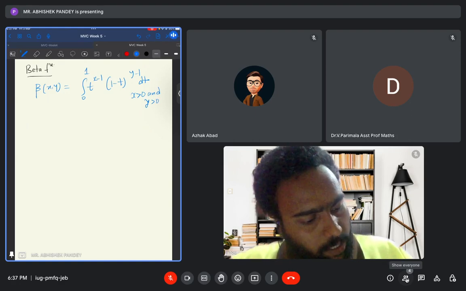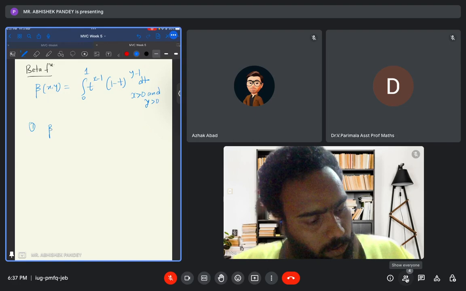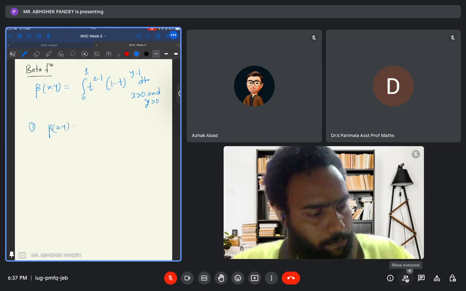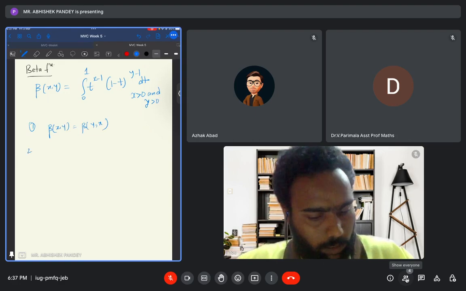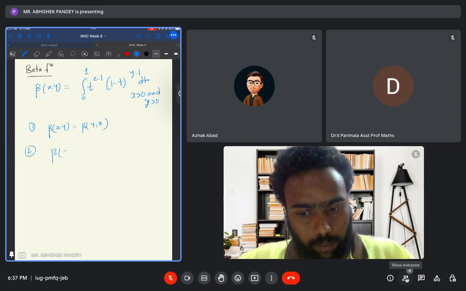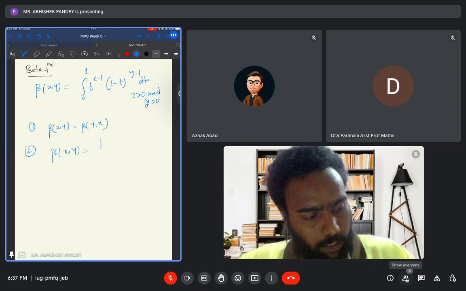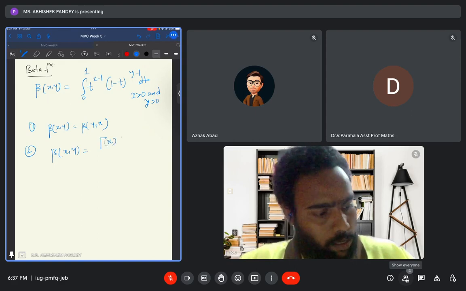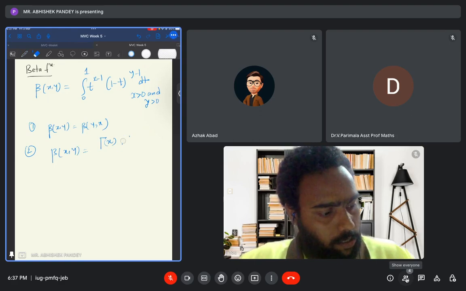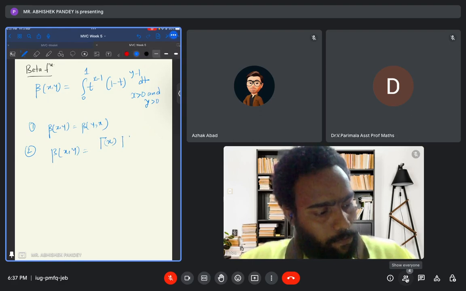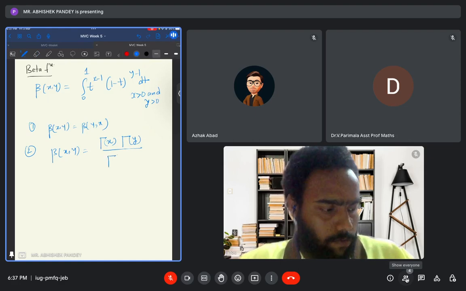Some properties are, beta of x comma y equals beta of y comma x. Second one is beta of x comma y equals gamma of x into gamma of y upon gamma of x plus y.